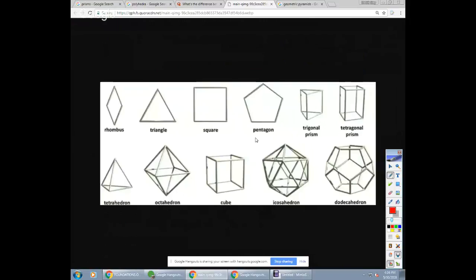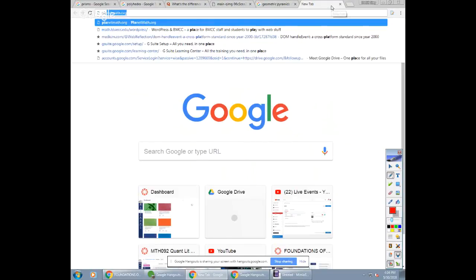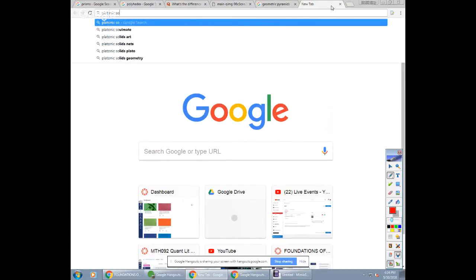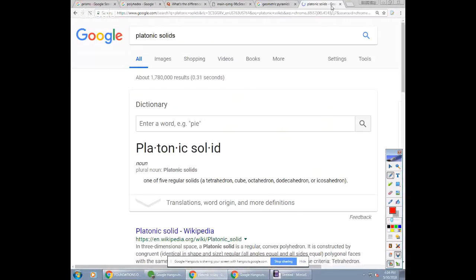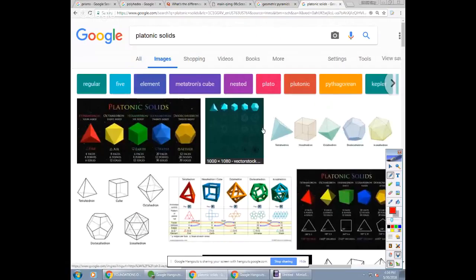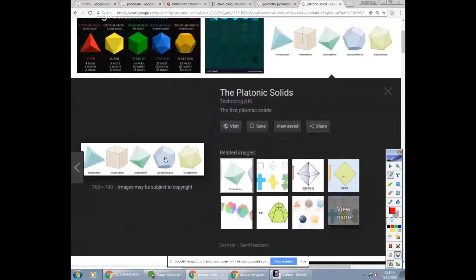And so these are called polyhedra. So we're going to play around a little bit with polyhedra. There's a special group of polyhedra called the platonic solids. That's a nice picture right there.